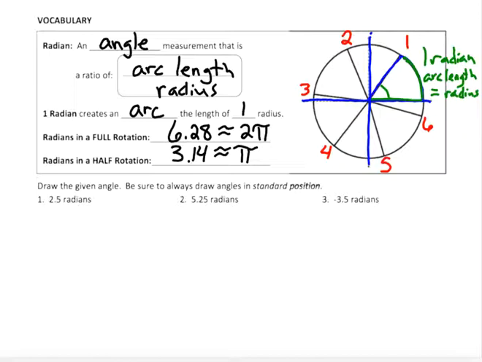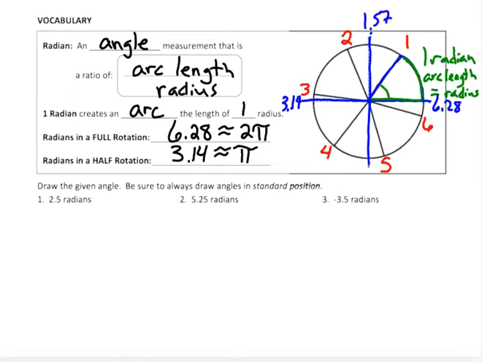If I want to draw some of these other angles, it would be really helpful to know where my x and y axes lie. Again, I said 3.14, and all the way around would be 6.28. If I look at my y-axis at the top, I'm looking at half of 3.14, so I'm at 1.57 radians.